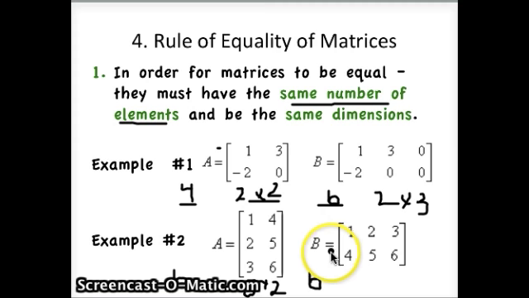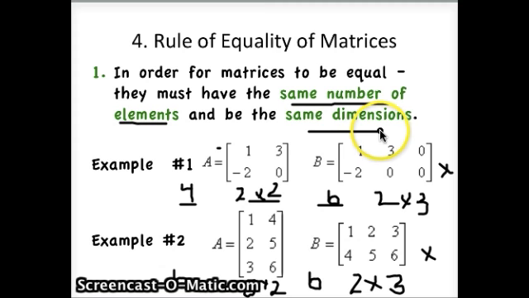But it's 2 rows by 3 columns. Remember, 3 by 2 and 2 by 3 are not the same. So A cannot equal B in this case. Neither of these are equal because of the conditions set above: same number of elements or entries and same dimensions. So neither of these examples can be equal.